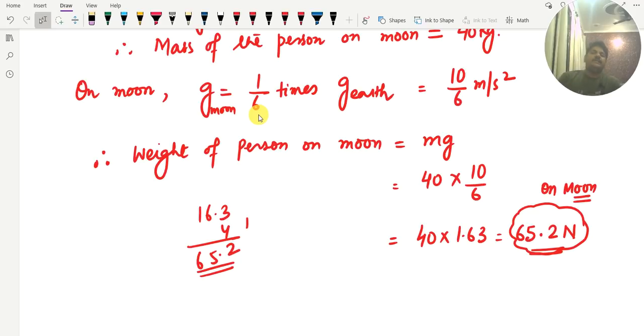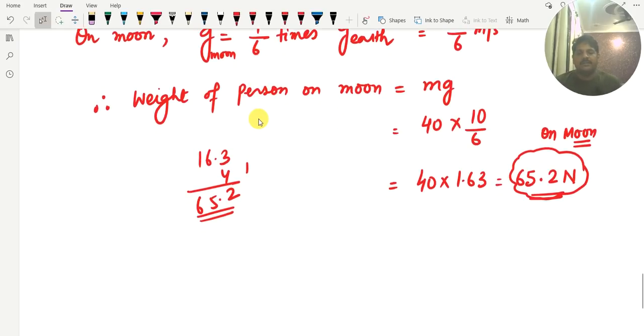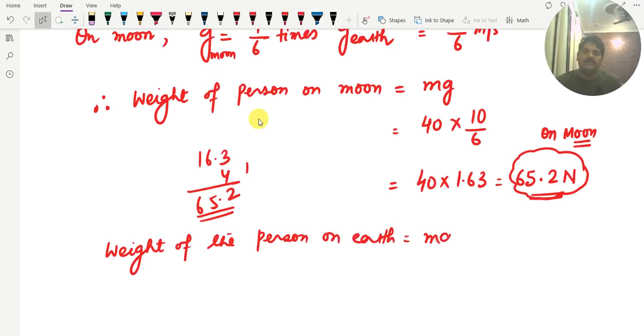On earth it would be 10 into 40. So on earth, weight of the person on earth is equal to mg. So this is 40 kilogram into g is 10 meter per second square if we take 10. So this is nothing but 400 Newton.